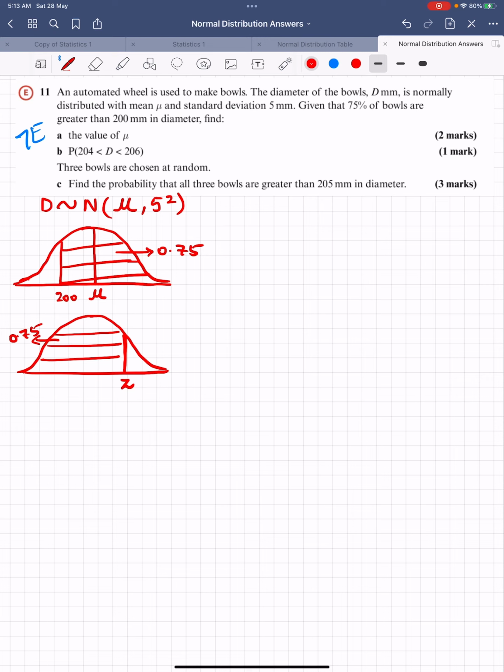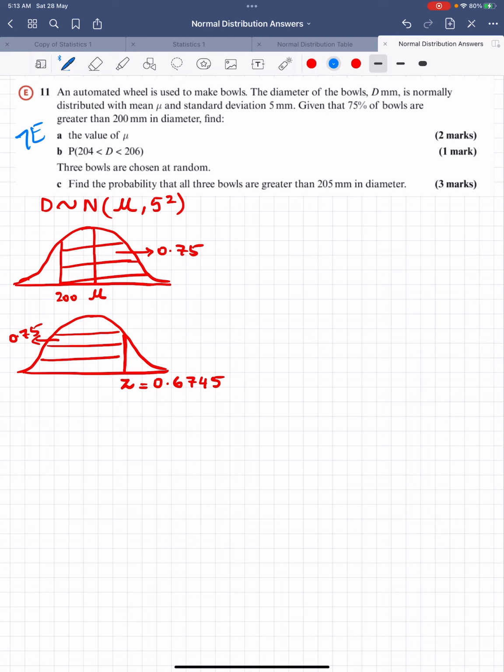Then I go to option 3, which is inverse normal. Area is 0.75, standard deviation is 1, mean is 0. The z value is 0.67448. We'll round it to 4 significant figures.